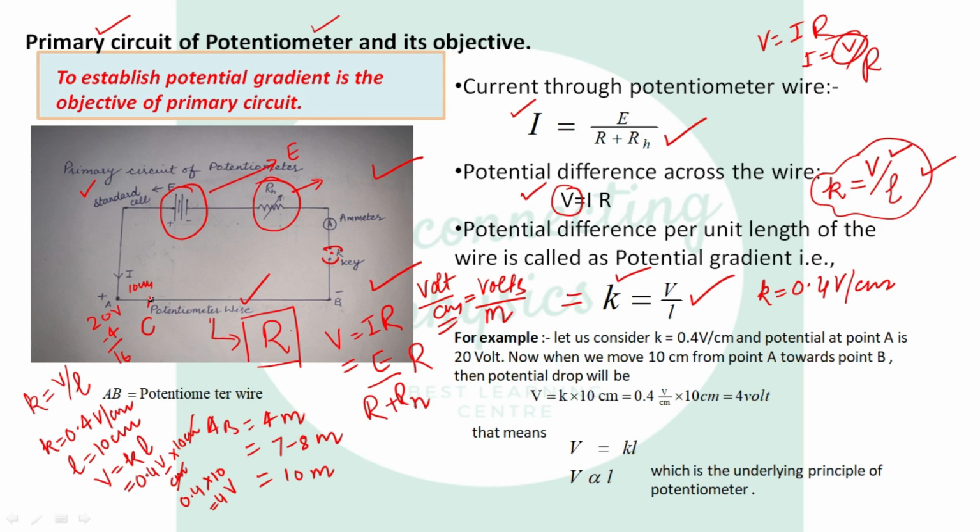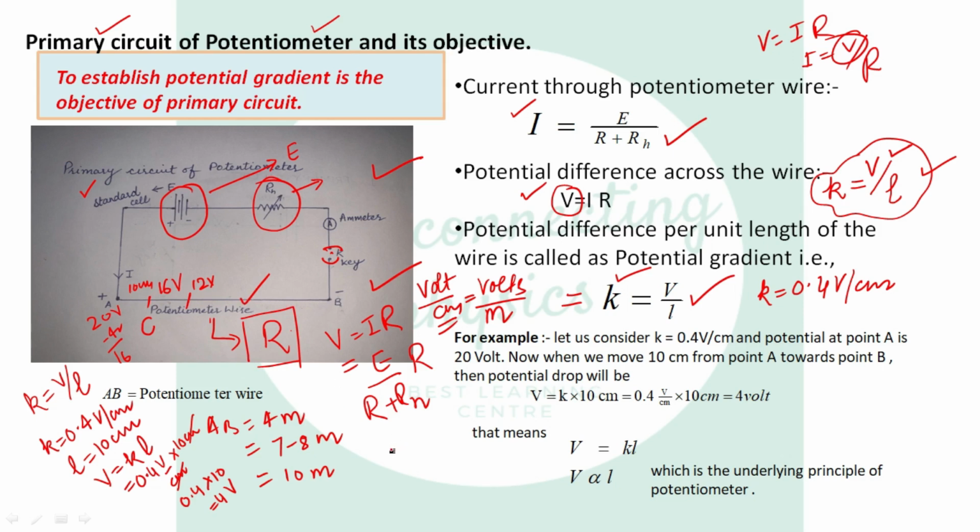That means when we come to point C, the potential will be 16 volt. So from point A to C, there is a potential drop of 4 volt. If we move 10 centimeter further from C to B, there will again be a potential drop, and the potential will be 12 volt because 16 minus 4 is 12 volt. So when we move from A to B, there is a potential drop across this wire.